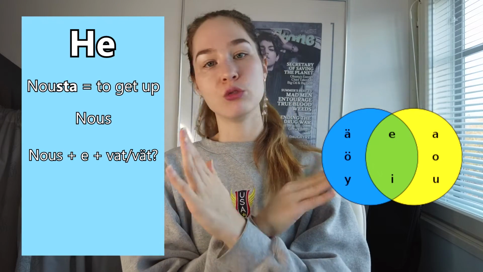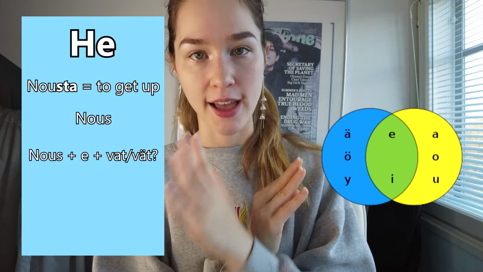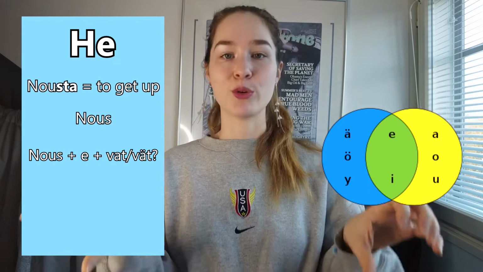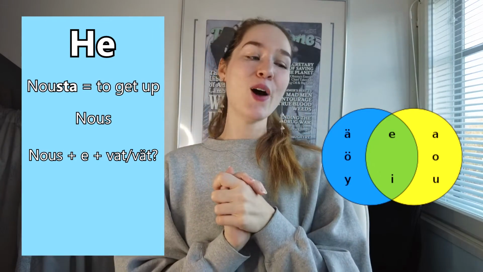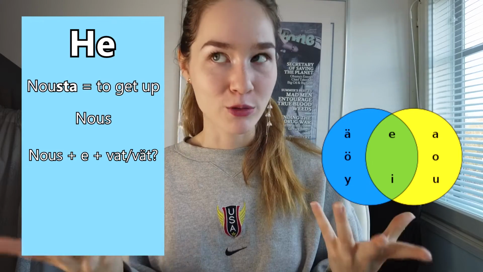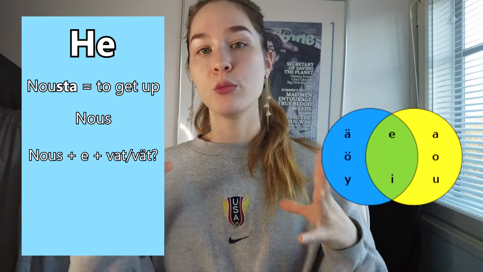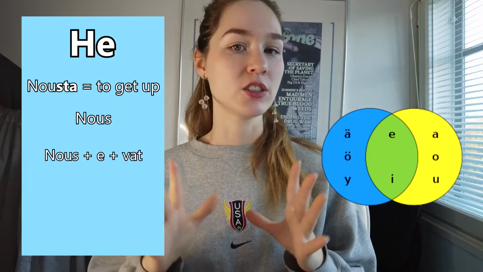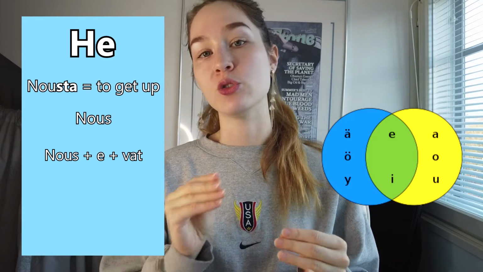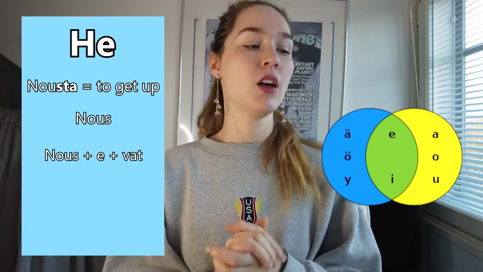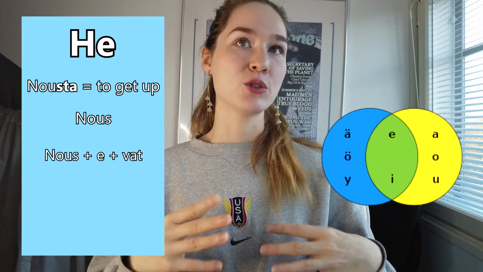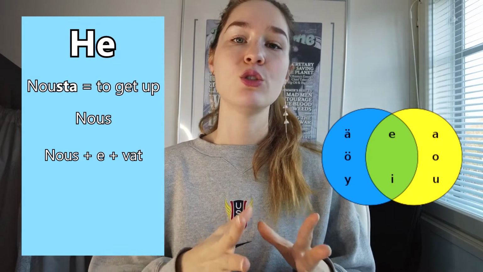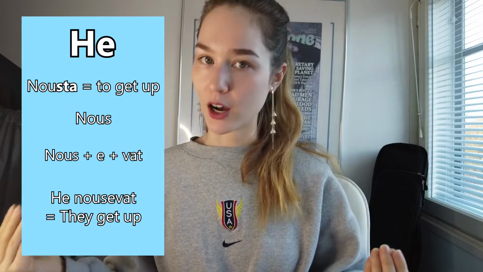They don't belong in the same word as an Ä, unless they're two separate words together, but that's a different topic. But by rule in general, OU belongs with A, not Ä. So in this case, we choose VAT. So it goes from nousta to he nousevat.